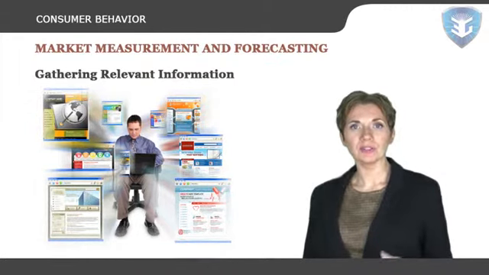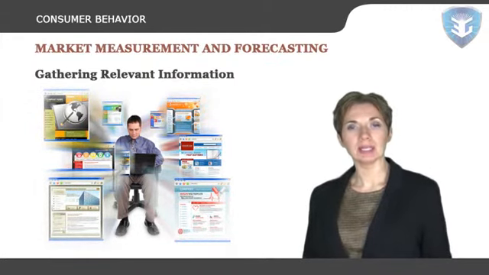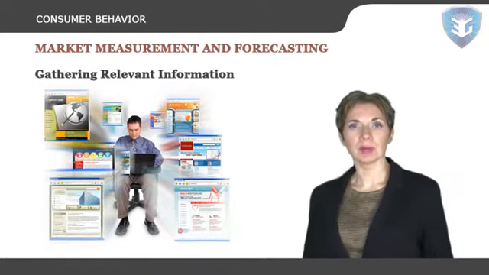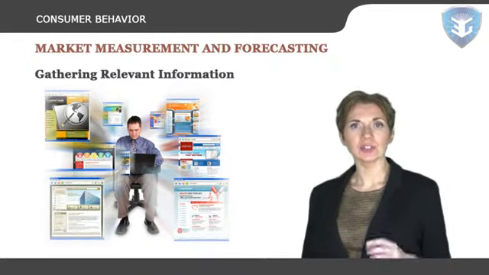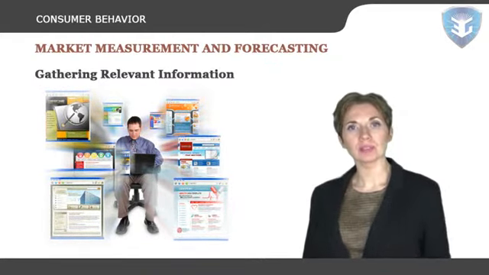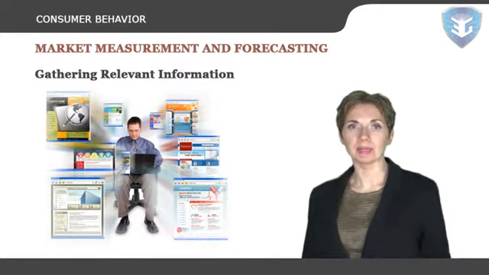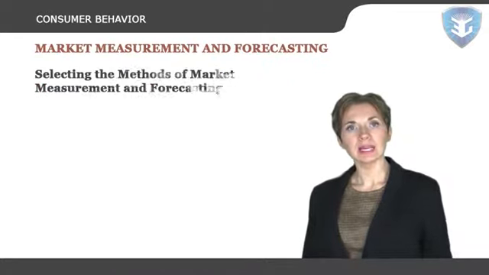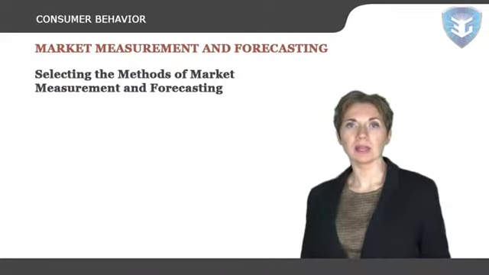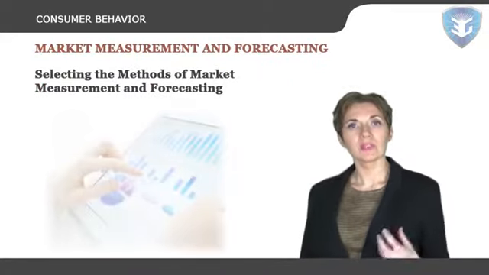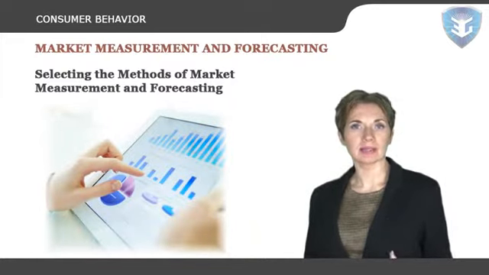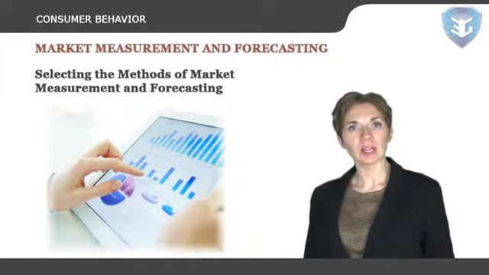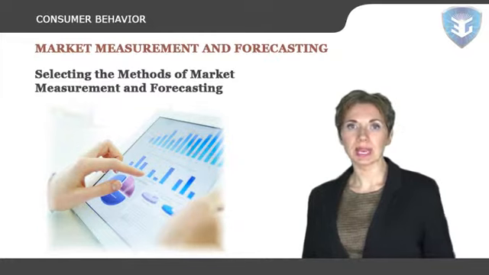Firstly, it provides sufficient data for the information need that is required to solve a problem. And secondly, it serves as a basis for the choice of particular methods of measurement and/or forecasting that are to be used. Selecting the methods of market measurement and forecasting. The choice of measurement and forecasting methods begins with the evaluation of the data that has been gathered.